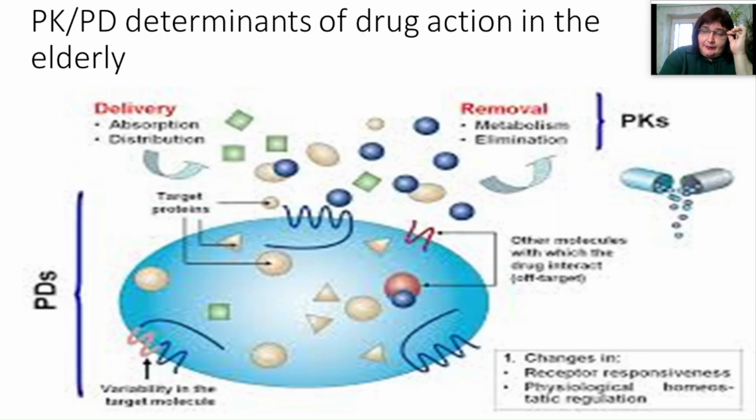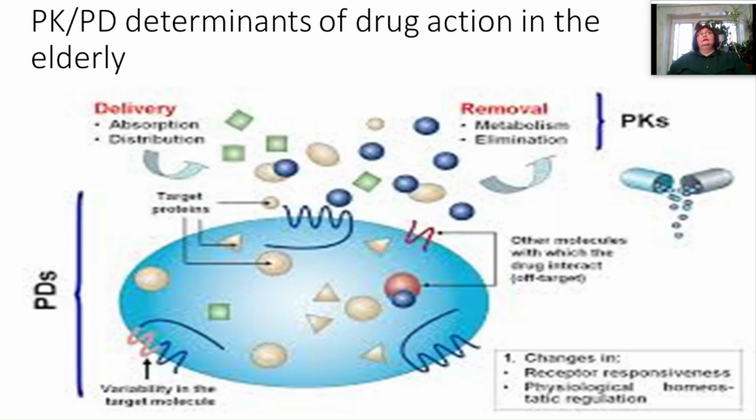Now we will talk about pharmacokinetic and pharmacodynamic determinants of drug action in the elderly, and we will pay attention to delivery, absorption, distribution, removal, metabolism, and elimination, which are involved as pharmacokinetic characteristics, and pharmacodynamics. And what to pay attention to in this process are changes in receptor responsiveness.